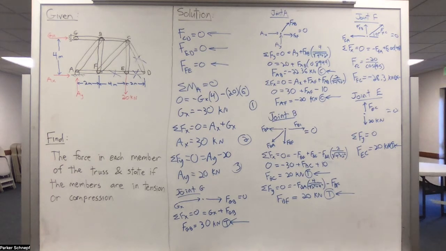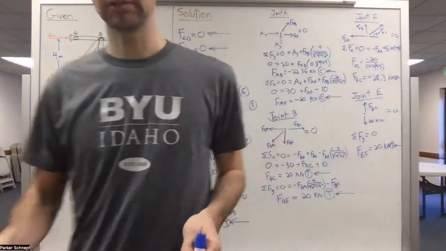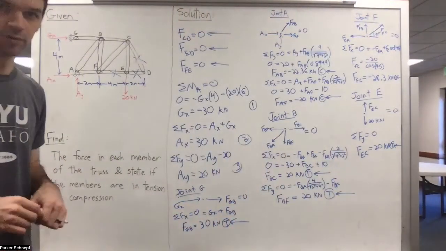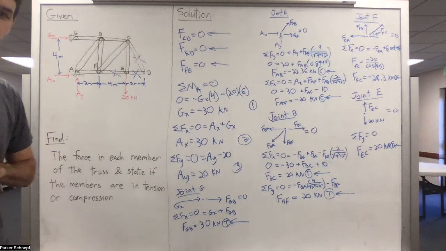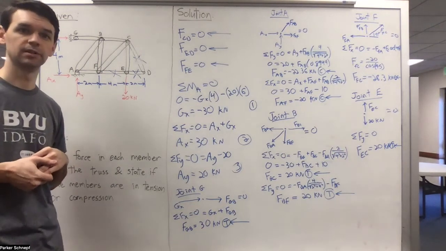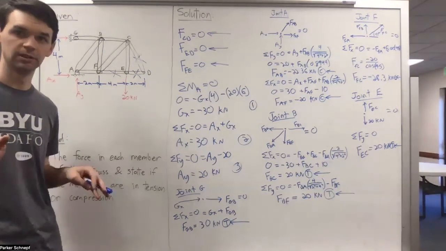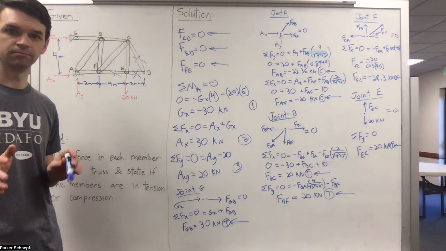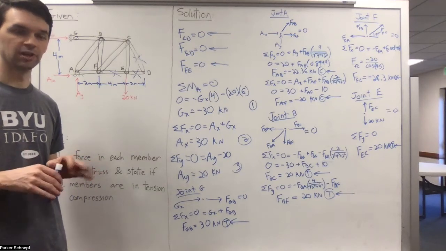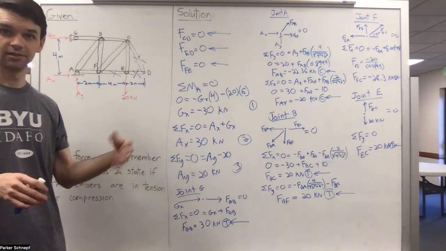So these sorts of problems are a little bit tedious. They take a while. But if you are careful with your bookkeeping and follow the steps, you'll have no trouble. They're simple, but they take a while, and it's easy to make a math error that then propagates along your whole problem.